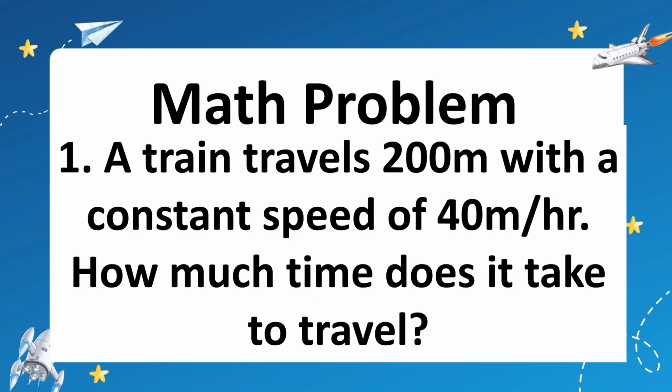Math problem number one: a train travels 200 meters with a constant speed of 40 meters per hour. How much time does it take to travel? Read the problem carefully for you to easily list all the givens.